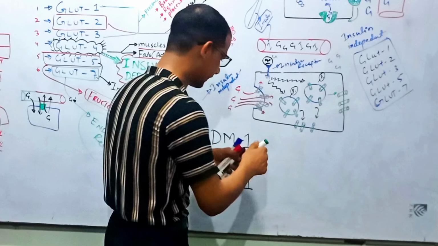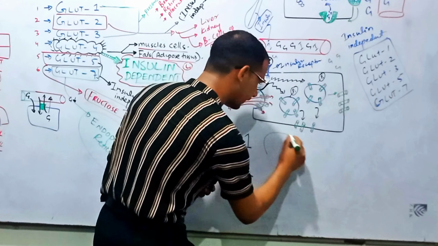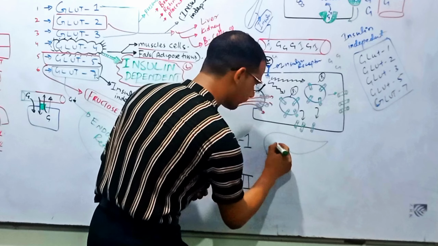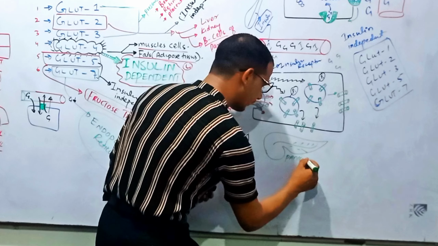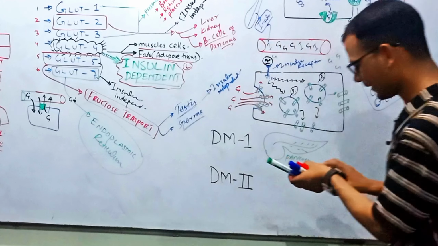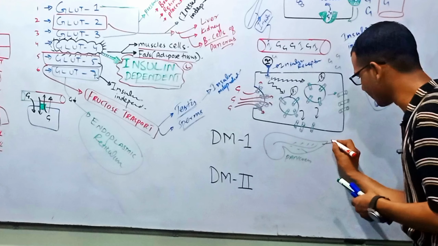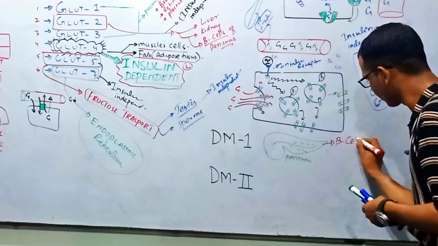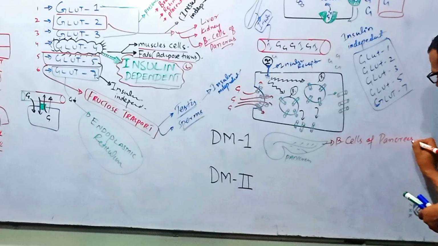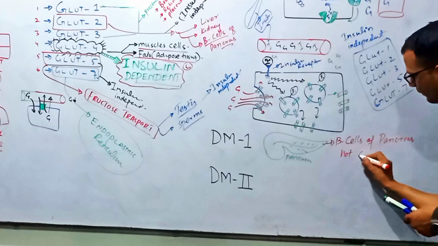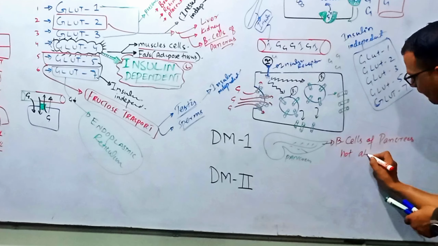For example, this is the pancreas, and the beta cells of the pancreas are not able to produce insulin.